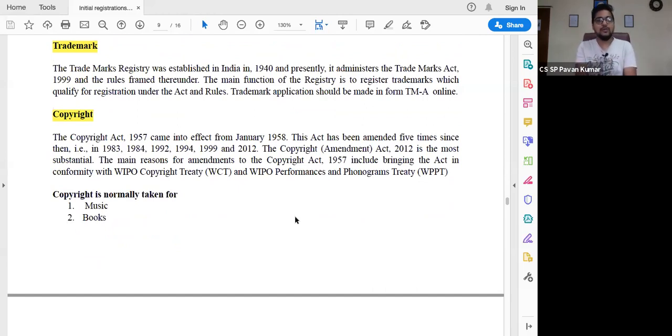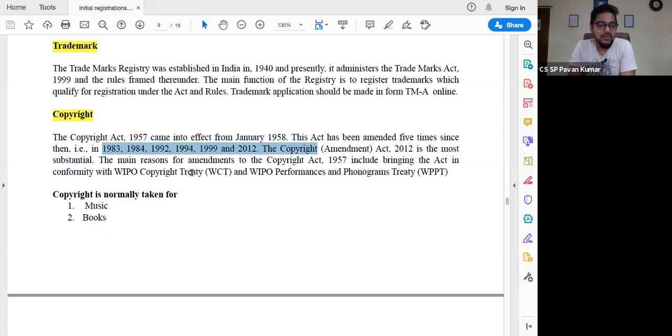Coming to the next one, copyright. Copyright has been amended many times in India, with a lot of amendments in 1983, 1984, 1999, 2012. Why is this happening? Just to bring our Indian Copyright Act 1957 in line with the WIPO treaty.